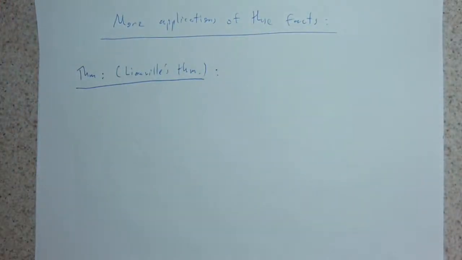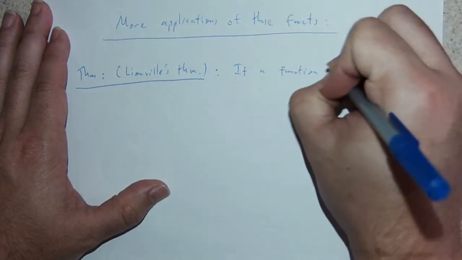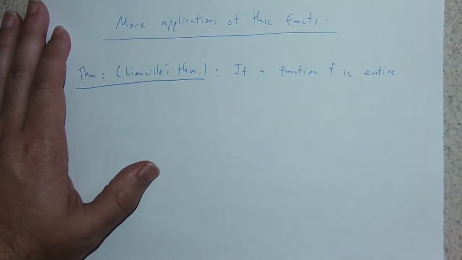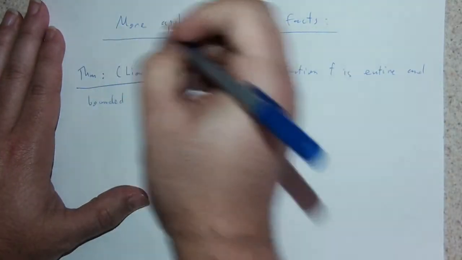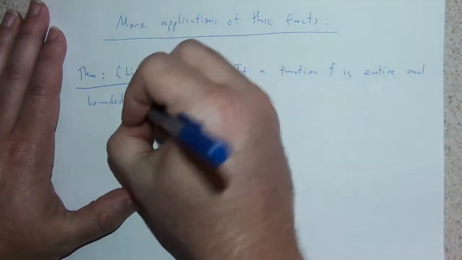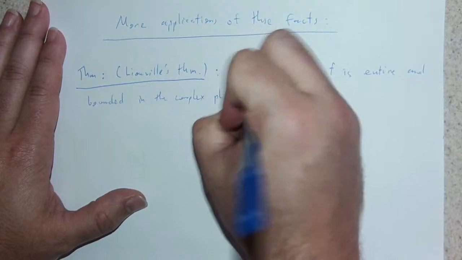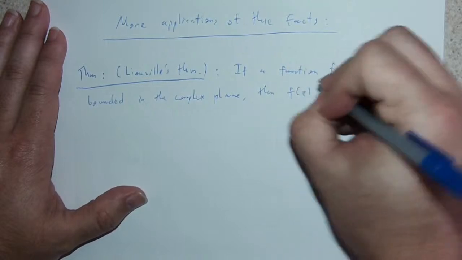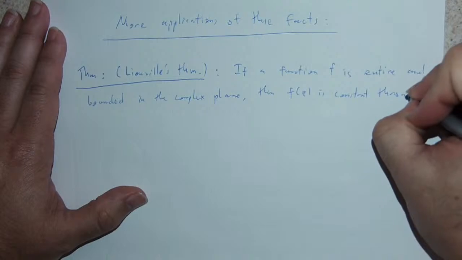What is this? If a function f is entire, that is analytic on the entire complex plane, and bounded, if it's entire and bounded in the complex plane, then it is constant throughout the entire plane.